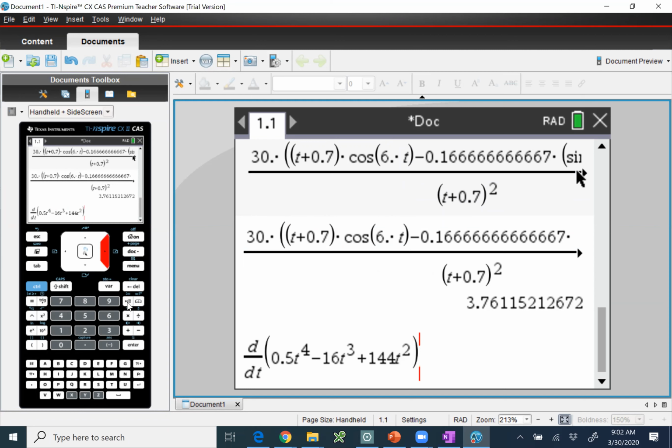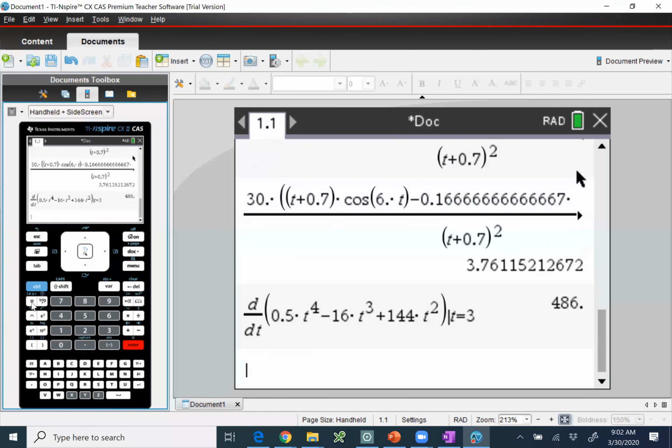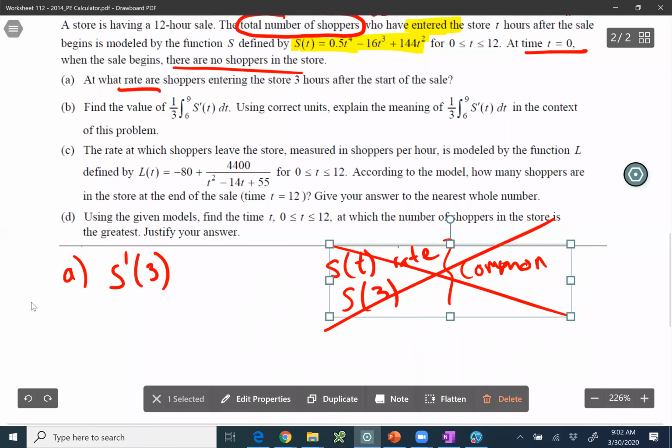And then outside the parentheses, control equals at time 3. We get 486. And all you needed to write was S prime of 3 equals 486. Now, it does not say indicate units. So that's correct right there. We don't need to do anything else.